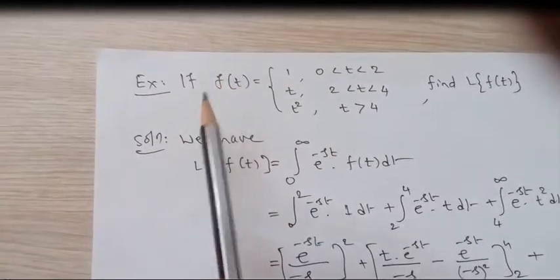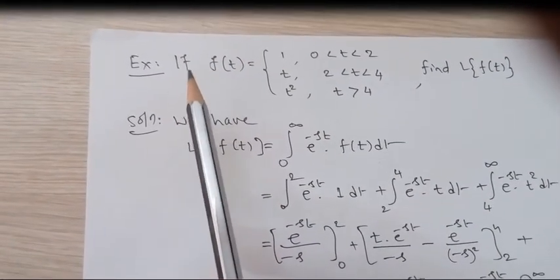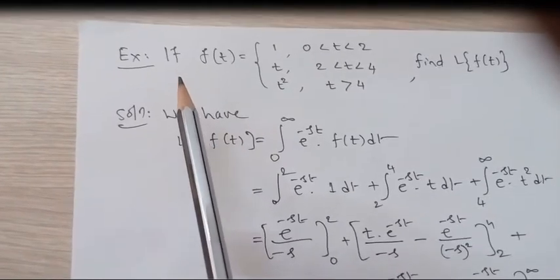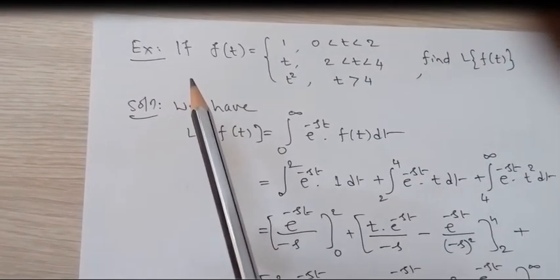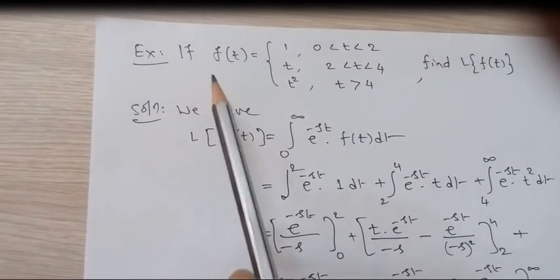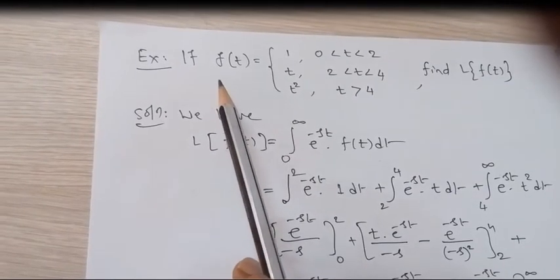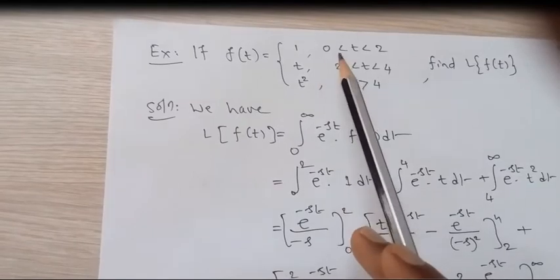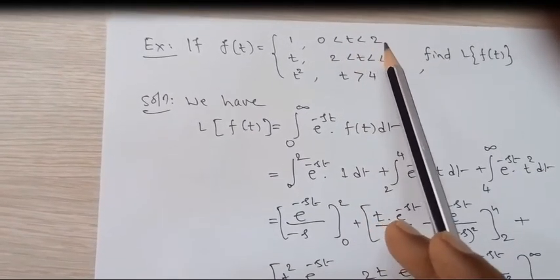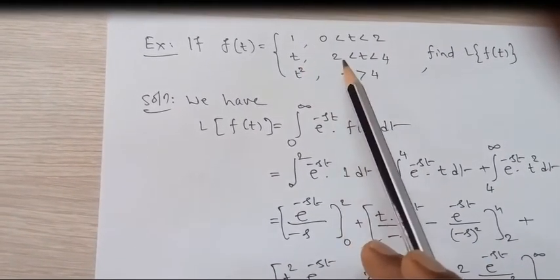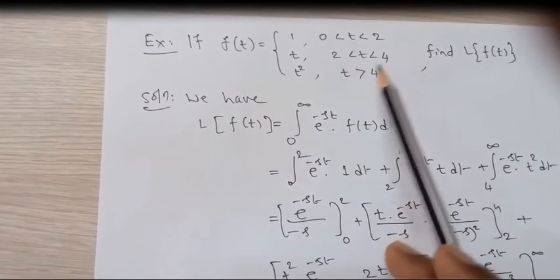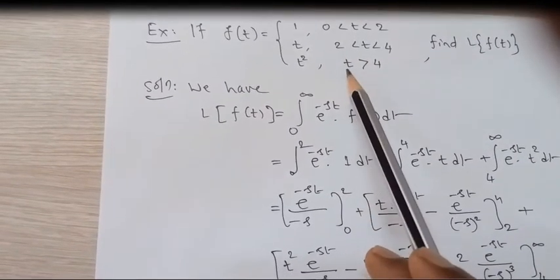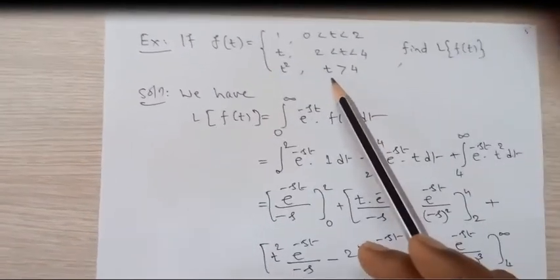Now some discontinuous function. Discontinuous functions can also be expressed in Laplace transform. If f of t is 1 for 0 less than t less than 2, t for 2 less than t less than 4, t square for t greater than 4.